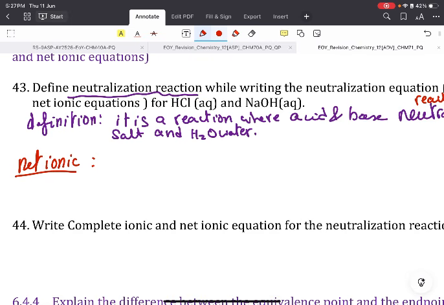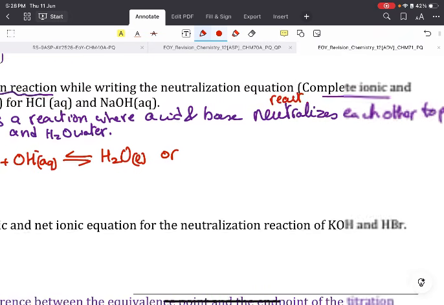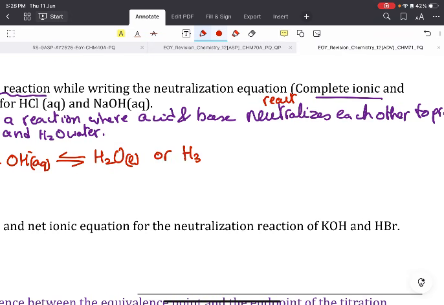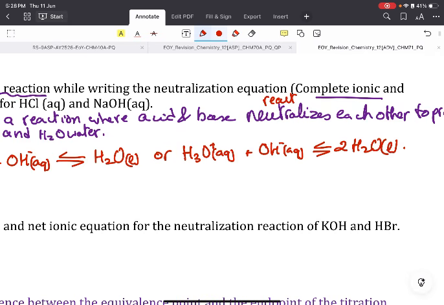It's always H plus and OH minus in equilibrium with H2O. H2O is liquid, this is aqueous, and this is aqueous. Or you may want to write it like that. H3O plus and OH minus, but in this case, you're going to write 2H2O liquid.